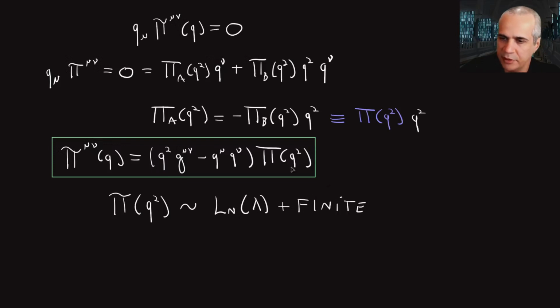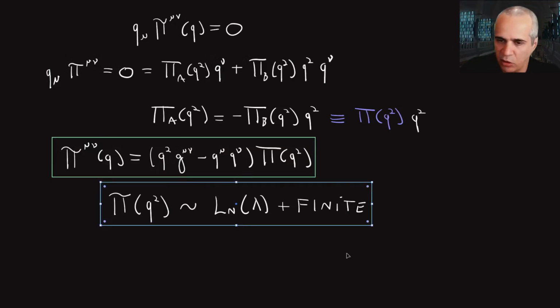terms, which is pretty important because I can always rewrite the self energy of the photon in terms of this function, and this function has only one divergence. I could even put an a0 here if you want, but it doesn't matter.